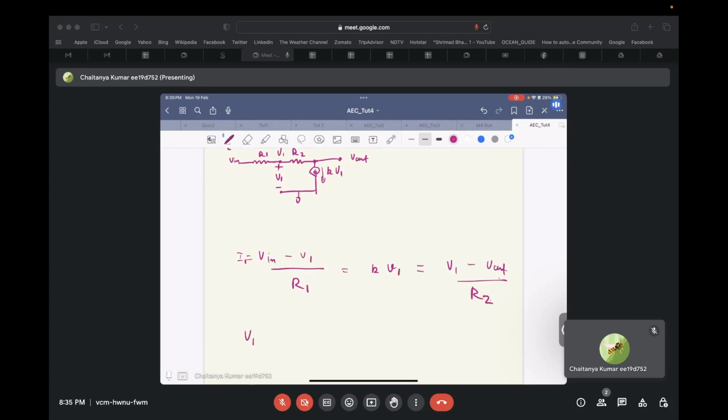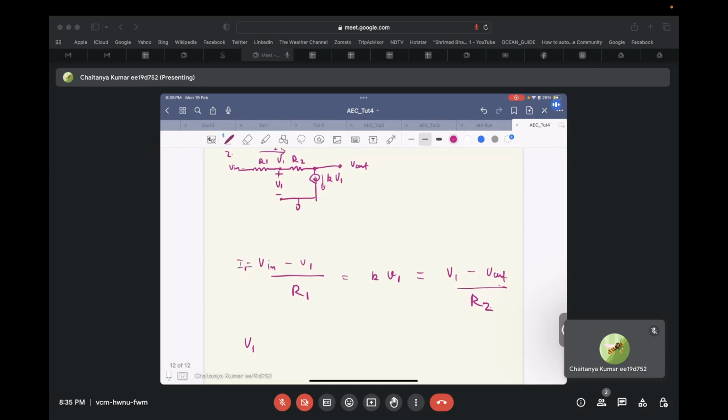And V1, by superposition and voltage division, can be written as Vin times R2 by R1 plus R2 plus Vout times R1 upon R1 plus R2.